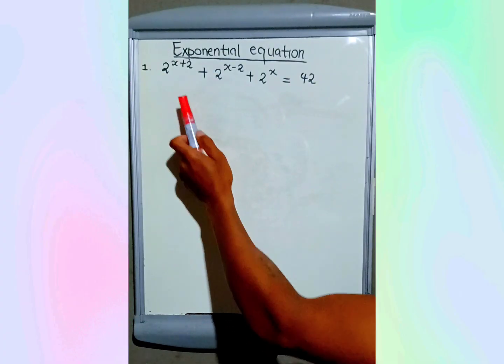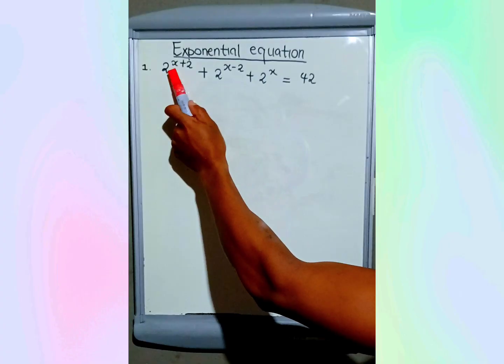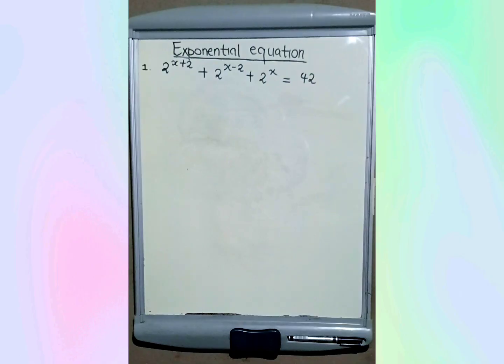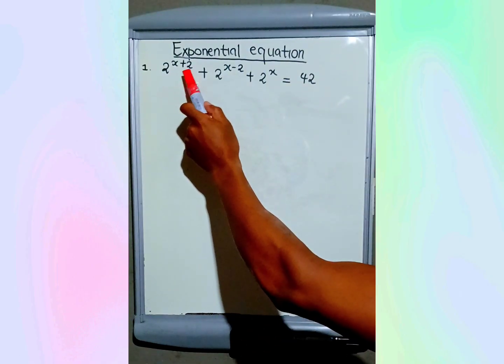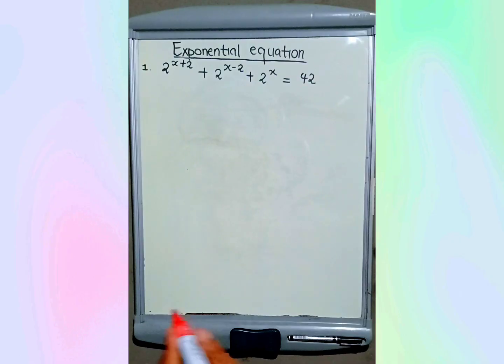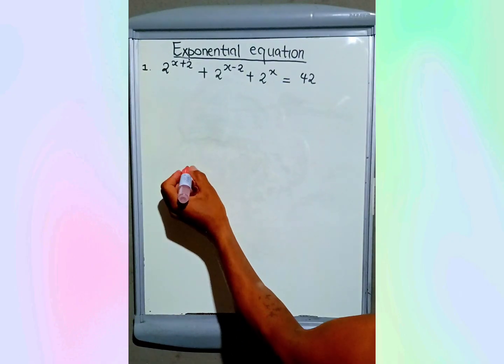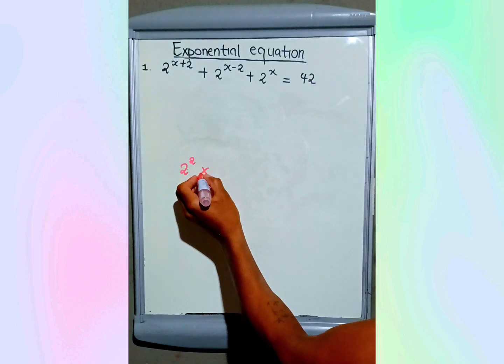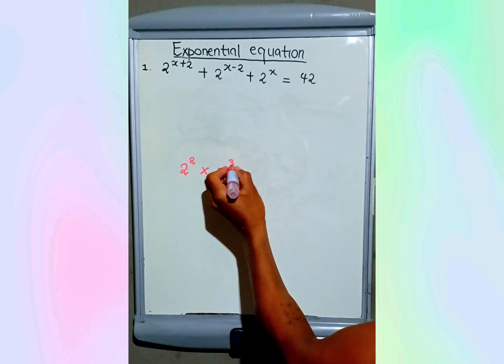Therefore, as you see here, we have 2 raised to x plus 2. We don't need 2 raised to x plus 2, but you need to simplify this with the product rule. We call this the product rule. Okay, remember the laws of exponents.